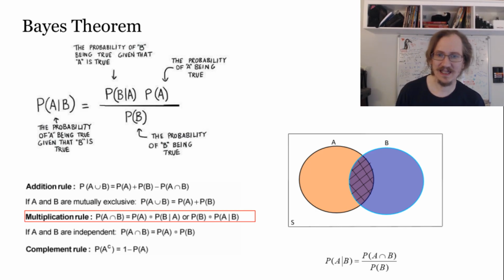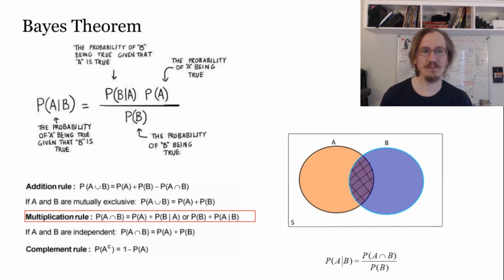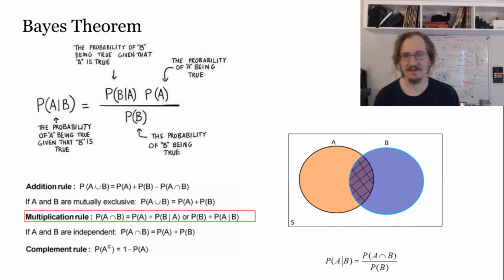In this case, if we know the probability of B, the probability of A, and the probability of B given A, we can ask what the probability of A given B is. You can invert what you know to learn something about the data that you don't know.